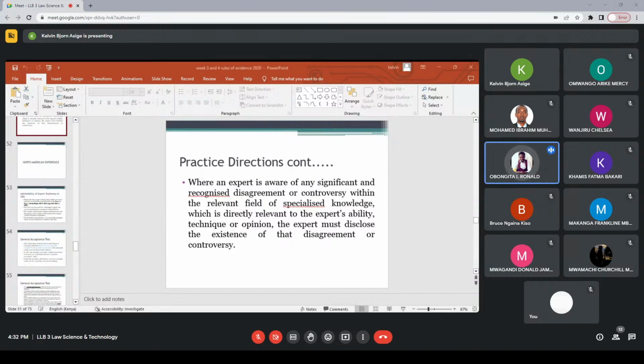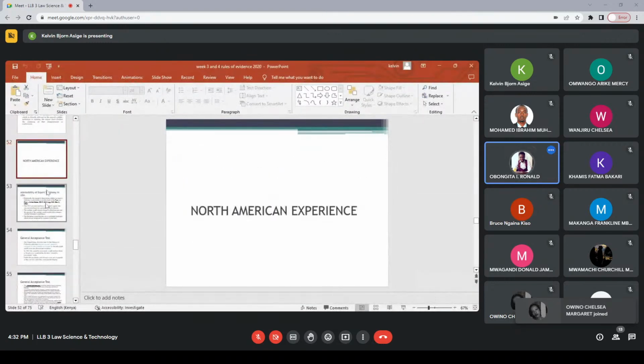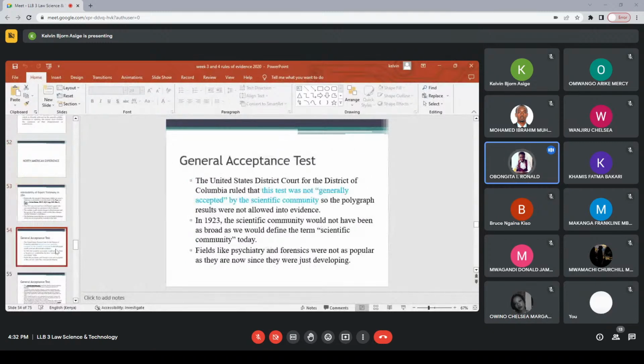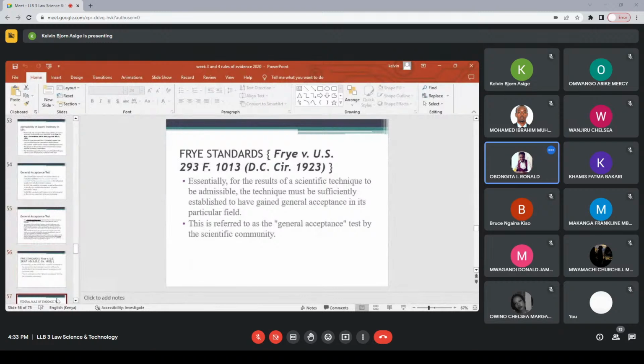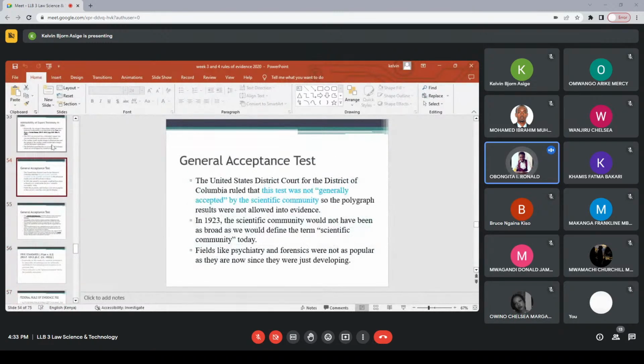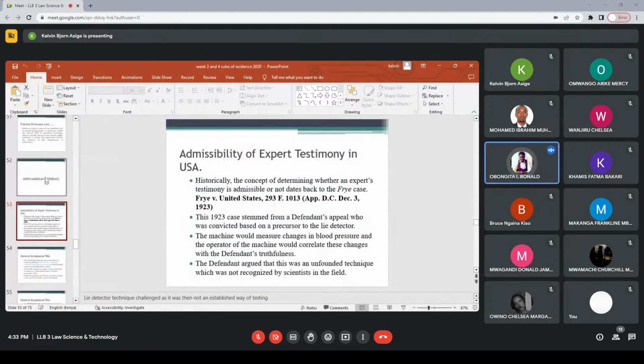I think for me, I'd start by saying that indeed there is a correlation between what you have just taken us through and our local laws. At this point, I'm looking at the Evidence Act on opinion. I think it's Part 9, section 48 and section 49 that talk about opinions of experts.